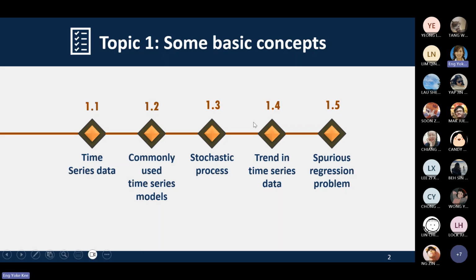Then, after we look at the assumption, we look at one of the common patterns that we normally see in time series data. As mentioned last week, what makes time series data so unique compared to cross-sectional or panel data is that they portray a very unique feature, which is the interdependency of your data points.